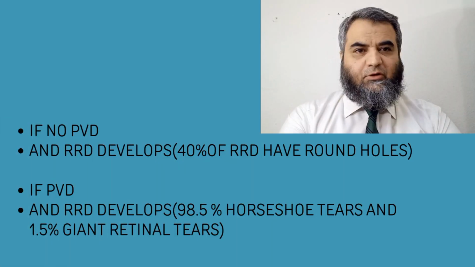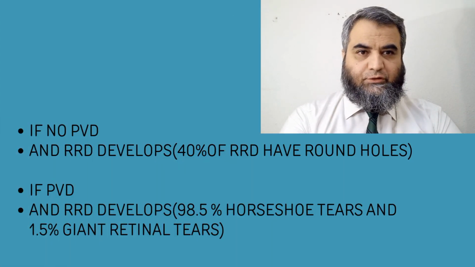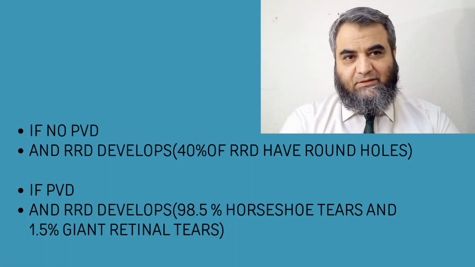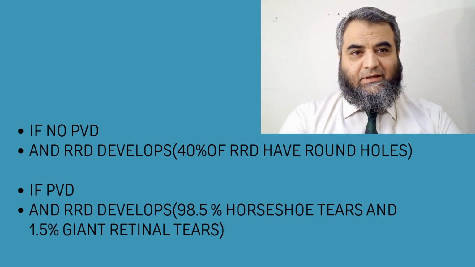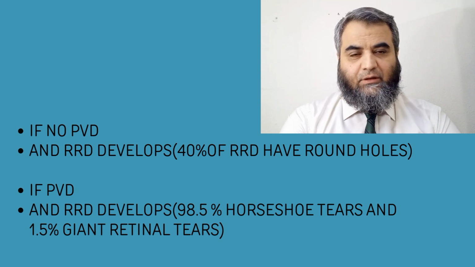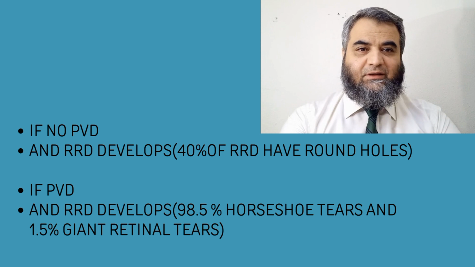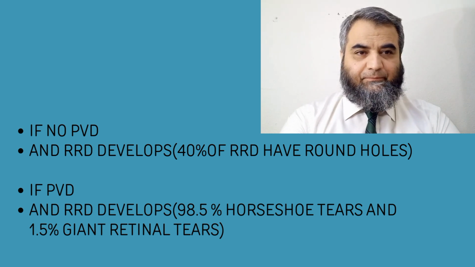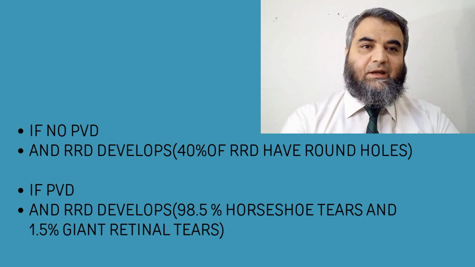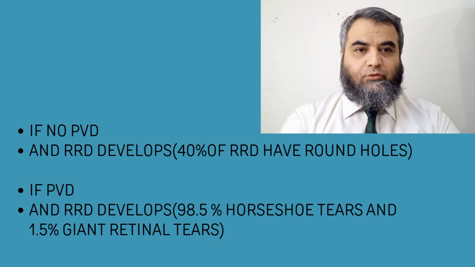Now we discuss the prevalence of posterior vitreous detachment. As I discussed in detail earlier, the pull and traction of this PVD is a very important contributing factor. They conducted studies and found that if there was no PVD and rhegmatogenous retinal detachment developed, 40% had retinal round holes.